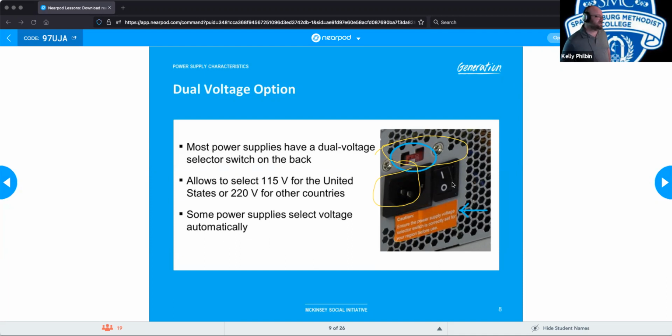The other one to pay attention to is this one right here, this on and off. This is a kill switch. It is not the same as pushing the power button on the front of your computer, but you can kill the power supply from this on and off switch. Also, bear in mind, this is the switch that got me when I was doing the power supply install.